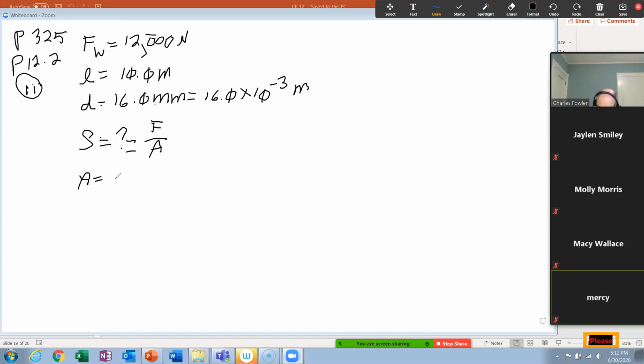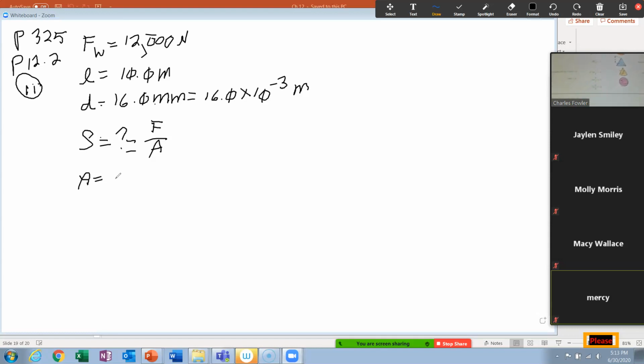Okay, here we go. The area of a circle. If you go to the back inside cover of the book, there's a hard cover, if you got a hard cover. There is the area of a circle.